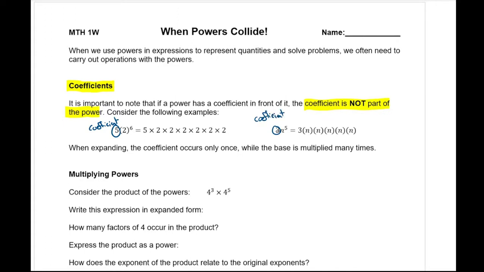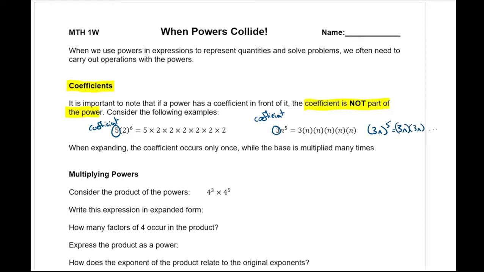We have 3n to the power of 5. The 5 is only attached to the n. So it's 3 multiplied by 5 n's. If we wanted that 3 included in the power, we would have to put brackets around the entire thing. And in that case, it would be 3n times 3n and so on.